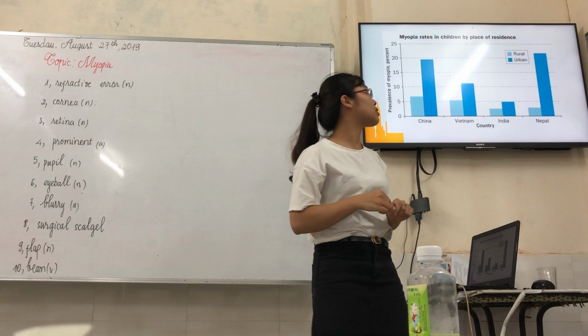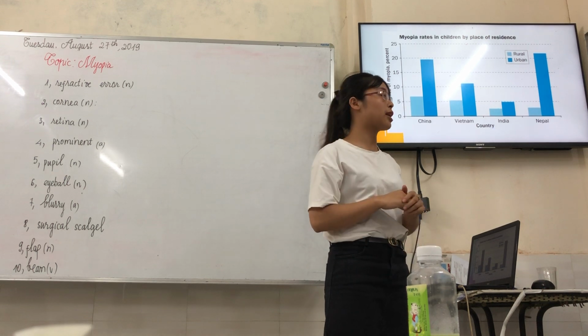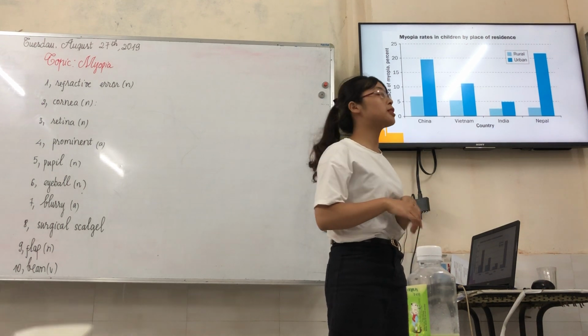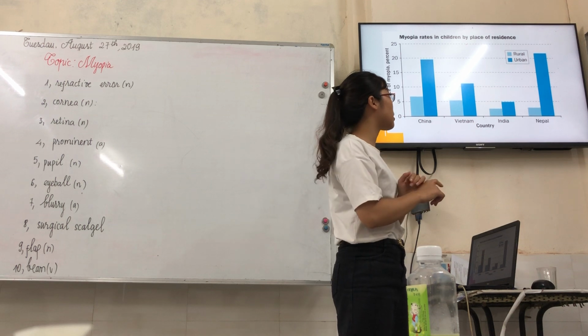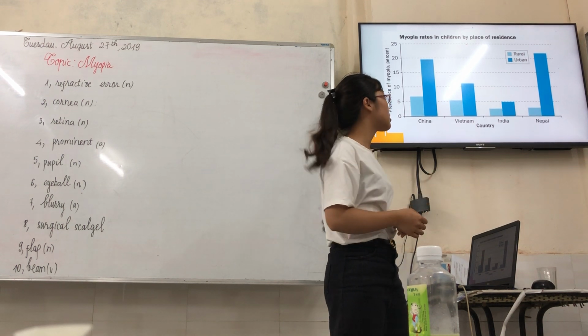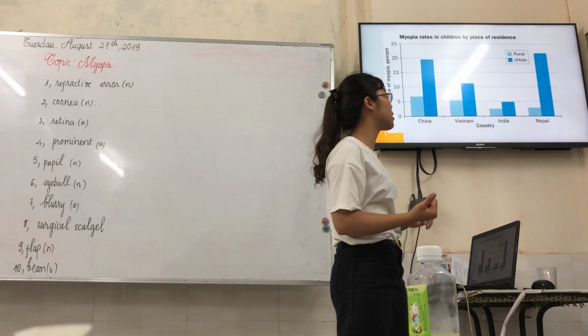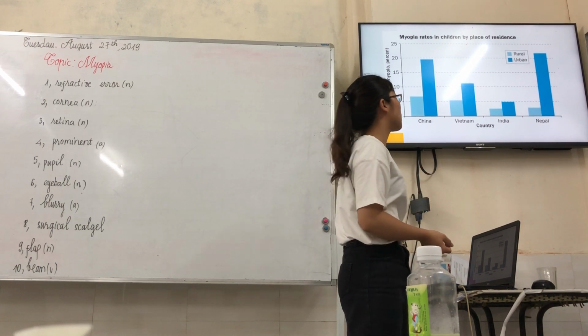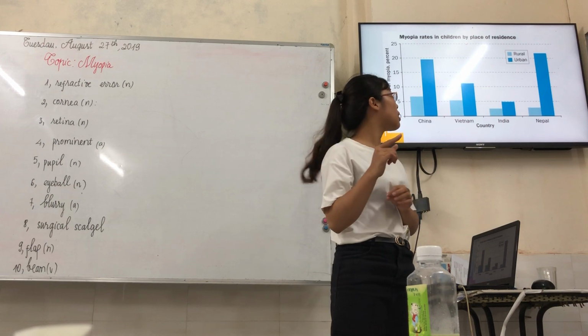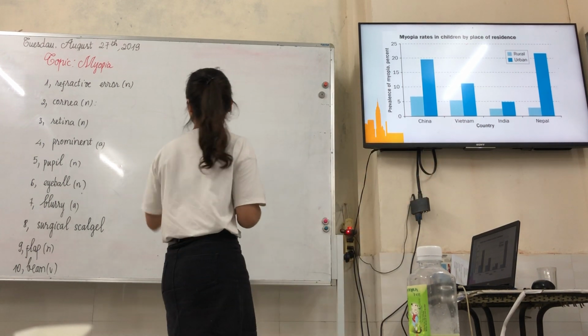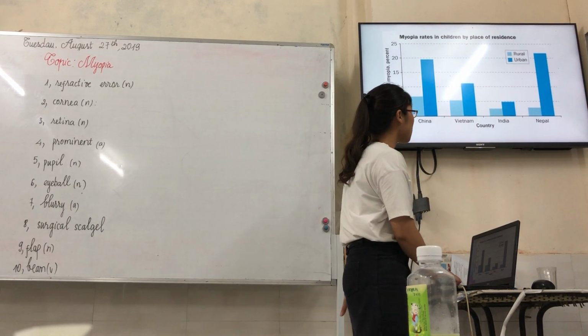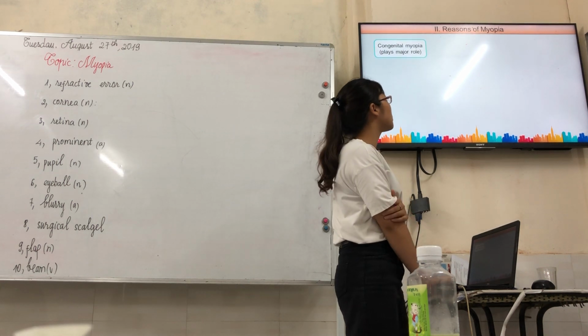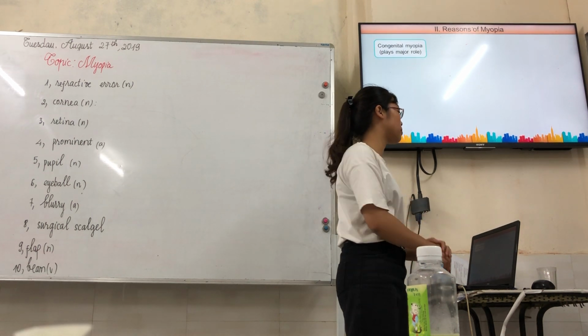In the city, children as well as adults have more opportunity to contact technology, so that is the reason they can develop myopia as well as some refractive error.